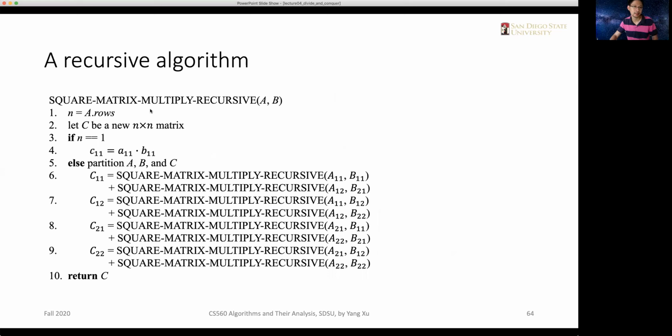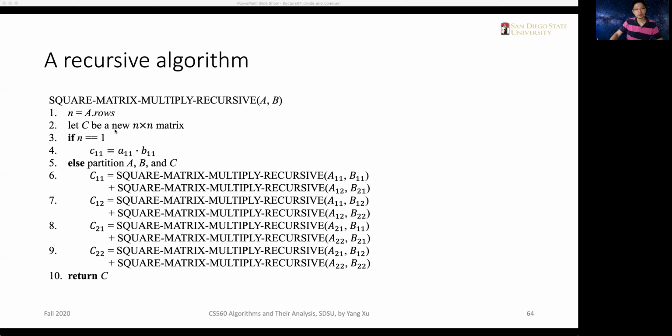Okay, so let's call it the square matrix multiply recursive algorithm, which solves the problem in a recursive style. Because it's a divide and conquer way, we are solving the problem on a smaller instance, of a smaller size, but it's basically the same as the original problem.